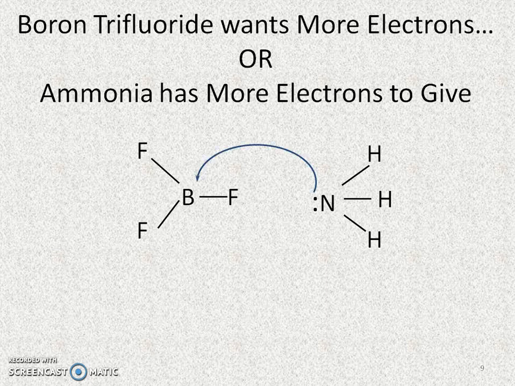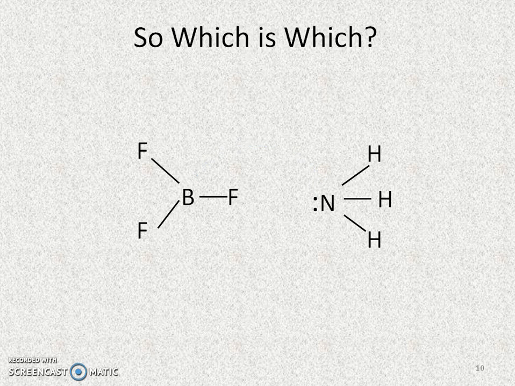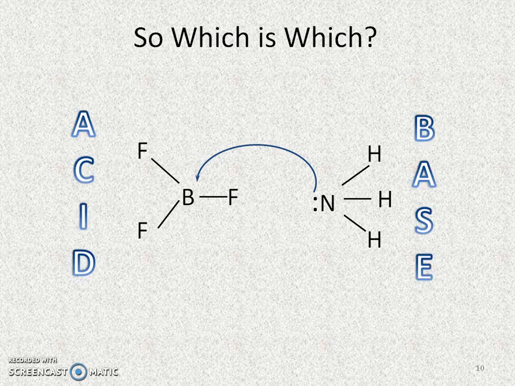So those electrons are going to be donated over to that BF3. So which one is which? Since that one's going to be the donor of that electron pair, that's going to be the base. And here again, then that's got to be the acid, right? You have to have that acid-base pair.